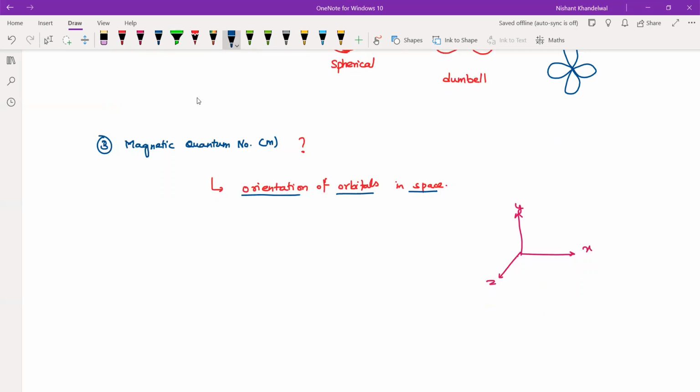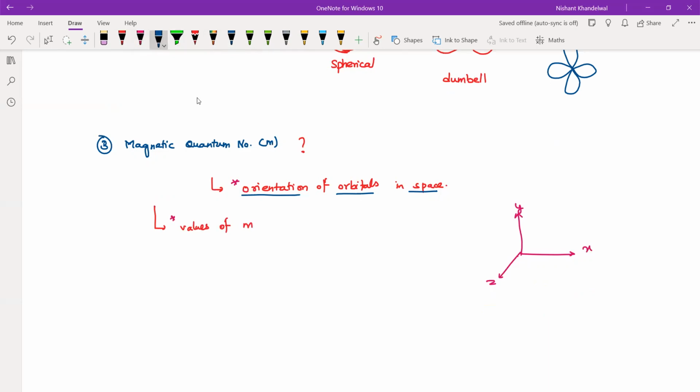Okay. So for the magnetic quantum number, next are the values of m. This is very important. You should know two things: first, what is the purpose of this magnetic quantum number, and second, what values it has.